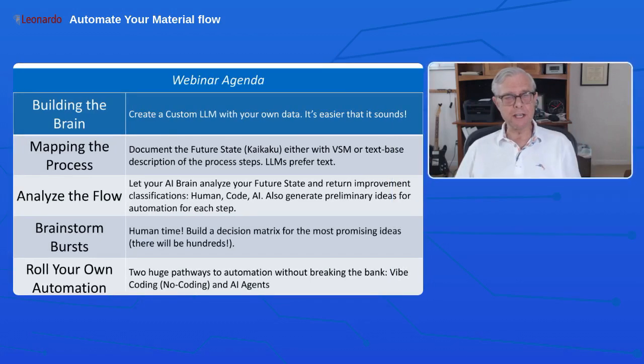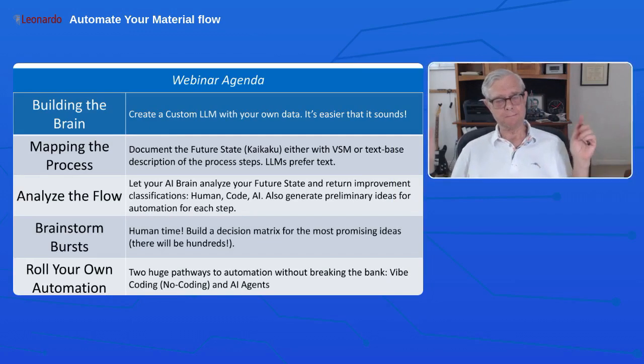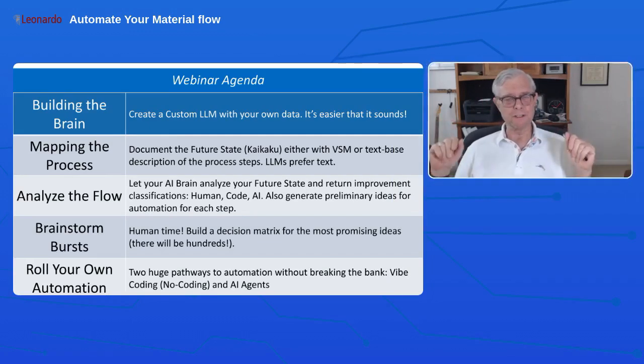Okay, so here's the agenda. Here's what we're going to talk about in terms of automating this material flow system. First one is what I call building the brain, and this is something we've done here at Leonardo Group.